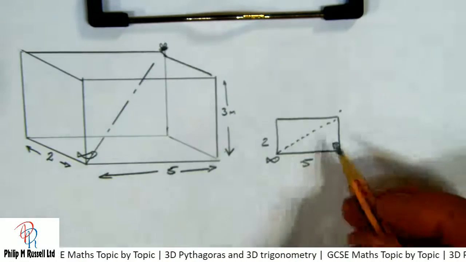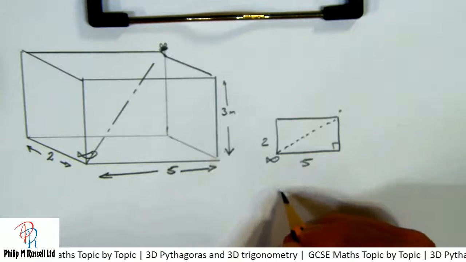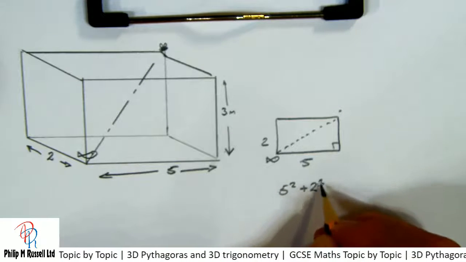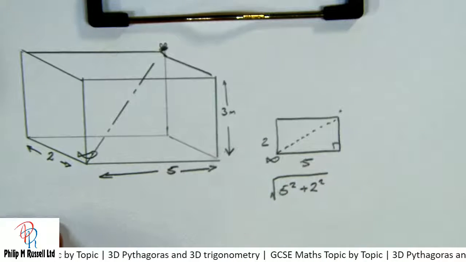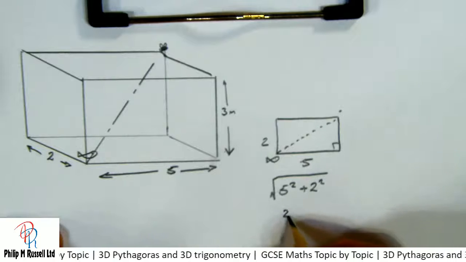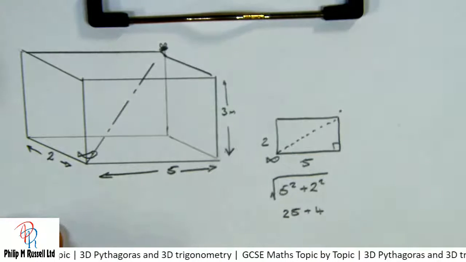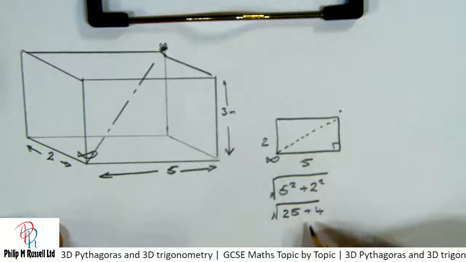So to work out this side, it's easy enough. This is just going to be 5 squared plus 2 squared, and we're going to work out the square root of that. So 5 5s are 25, plus 2 2s are 4, which is going to give us 29.